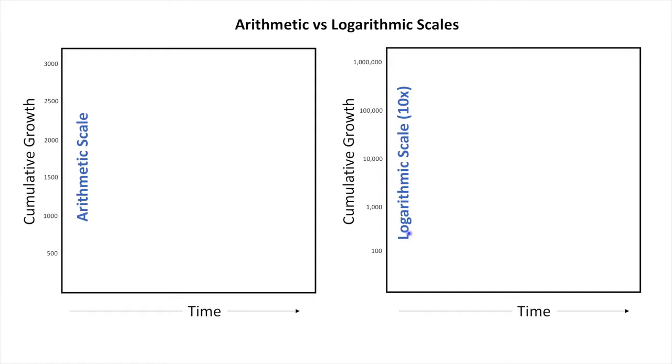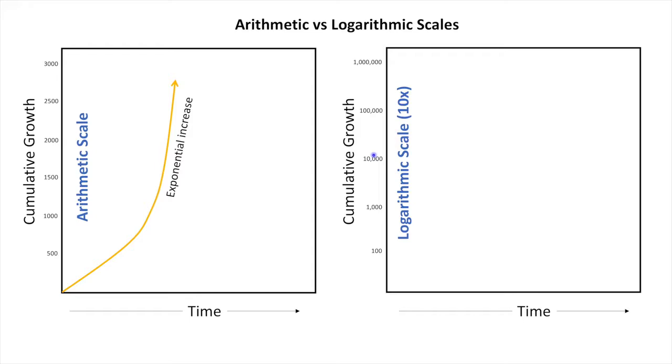For a logarithmic scale, this space here between 100 and 1,000 is the same as the space between 1,000 and 10,000 on this axis. So that's going to actually be a very dramatic change in the scale. So what does this mean for some of our plots? So on our exponential increase, this is what our plot was looking like with the arithmetic scale.